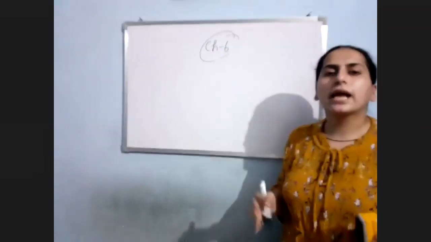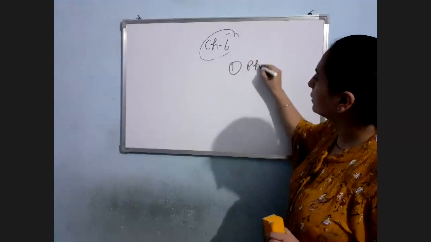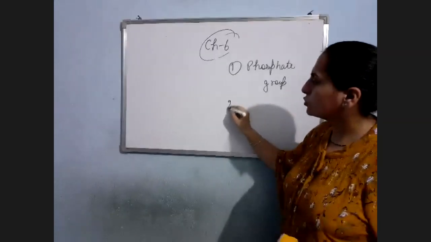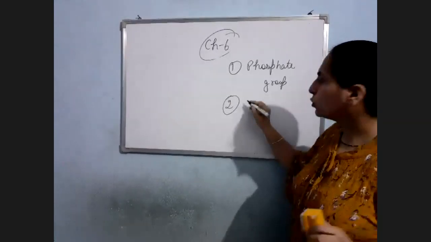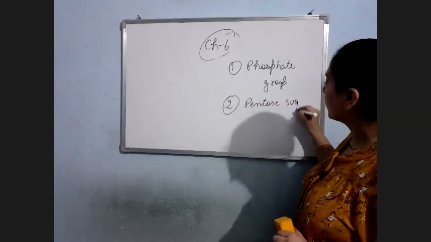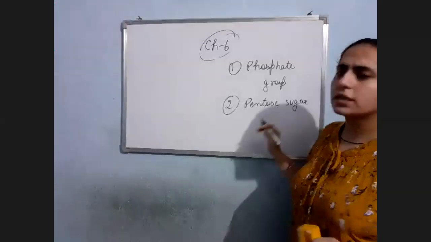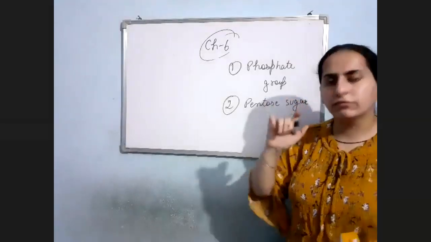Now, if I talk about the structure of DNA, we have three things. First is phosphate group. Second, I told you, sugar. This is pentose sugar. Now, what do you mean by pentose sugar? Pent means 5 carbon. You have done this. So this sugar has how many carbons? 5.